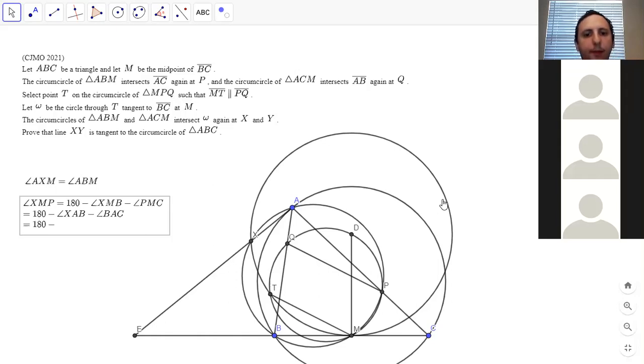Yeah, it seems like it shouldn't be that hard to show XM is parallel to AP, but I just don't see how to do it. I just keep going in circles, kind of.